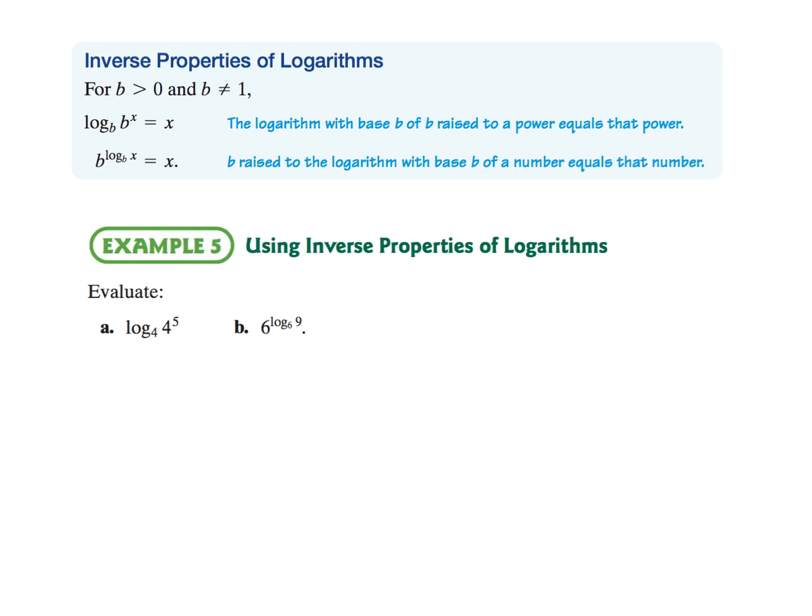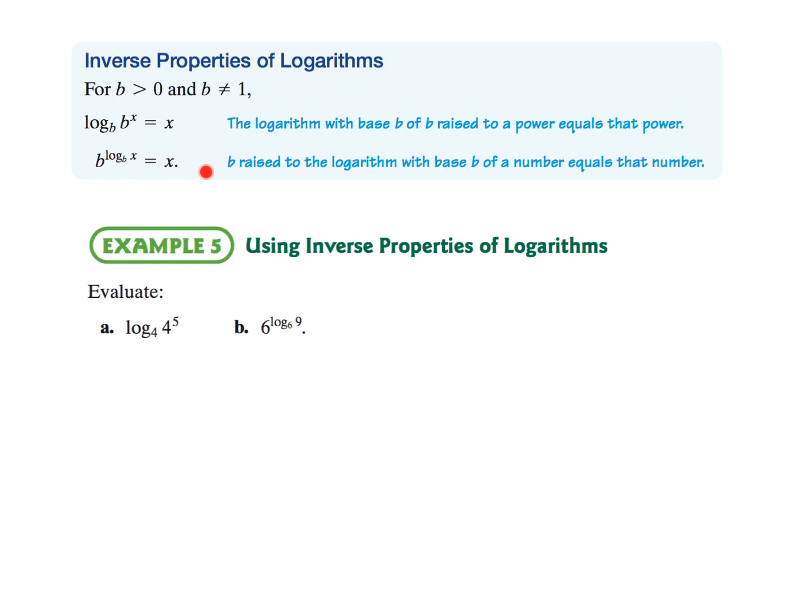These two are actually a lot more important than the other two. If we have log base b of b to the x power, then that has to be equal to x. And similarly, if we have b and our exponent is a log base b of x, then that answer is just x.